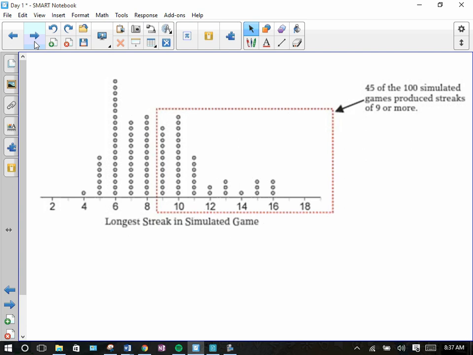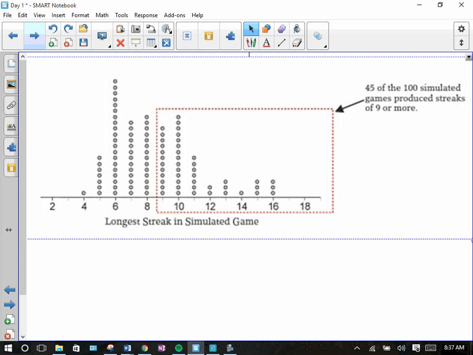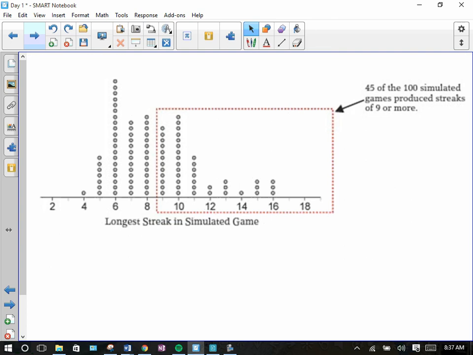All right. So our test statistic was 9. I highlighted it here. We want to count up all the dots that are equal to our test statistic or greater than our test statistic.